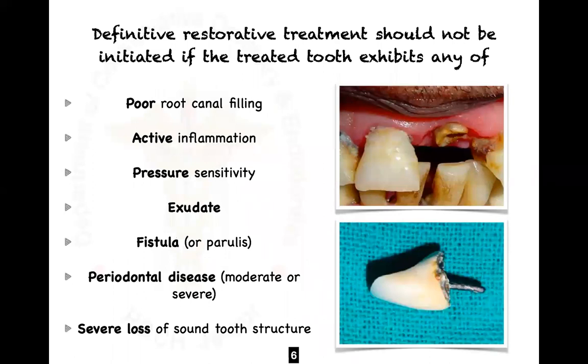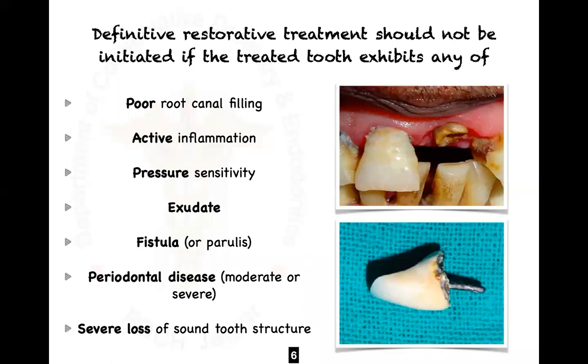So definitive restorative treatment should not be initiated if the treated tooth exhibits any of these. Very, very well self-explanatory. If it has a poor root canal filling, obviously you will not go for a crown. If it has an active inflammation, but of course not going for a crown because crown means added expenditure from the patient, giving him or her false hopes.